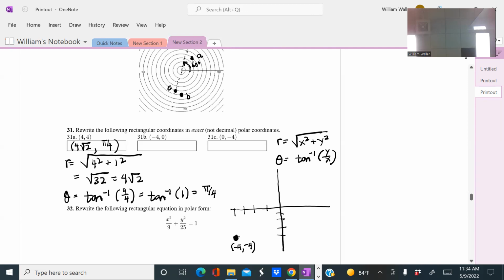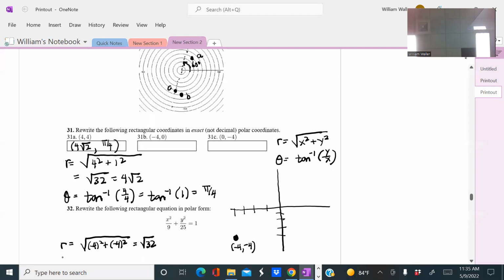Okay, so you go through your steps. You calculate your R. The R value is going to come out the same as it did for the other point. You get the square root of minus 4 squared plus minus 4 squared. That turns out to be the square root of 32 again. So that's easy, there's the R value.